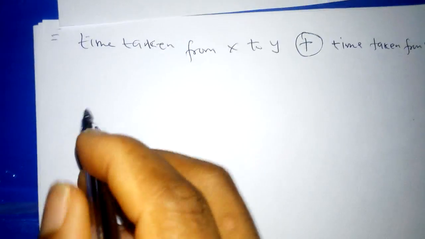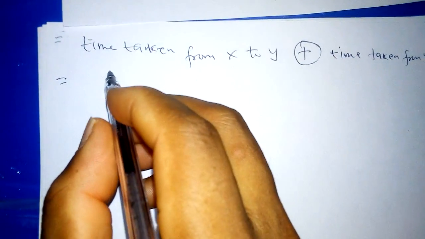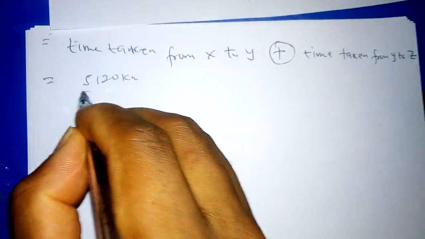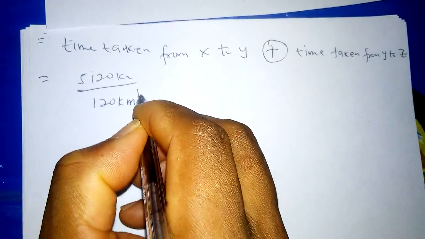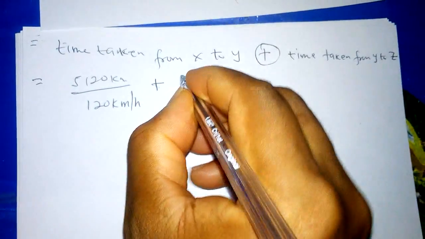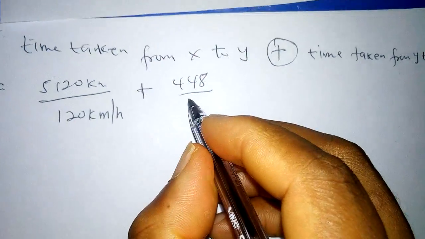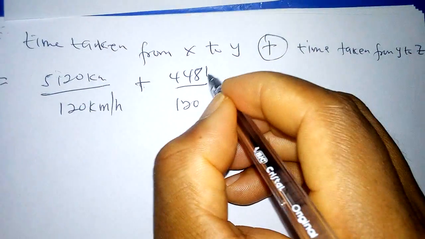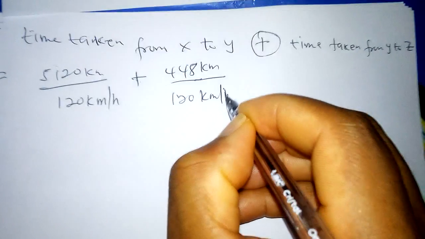Let's move on now. The time it took me here is going to be 5120 kilometers over my speed per hour, plus 448 over 120 kilometers per hour.